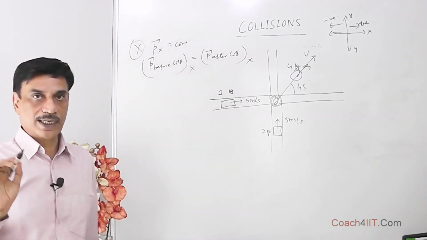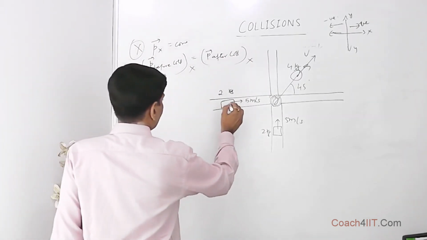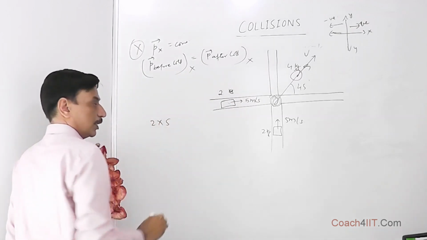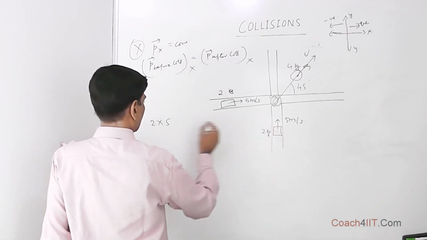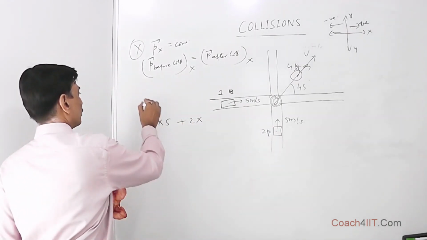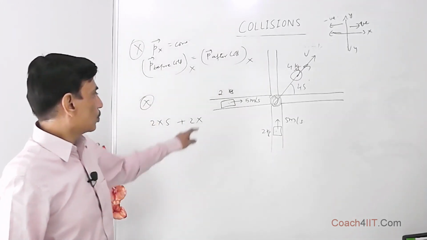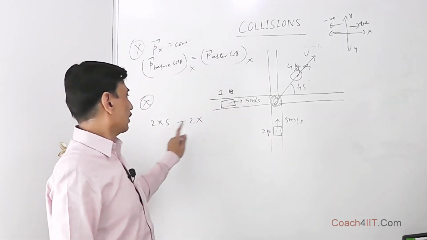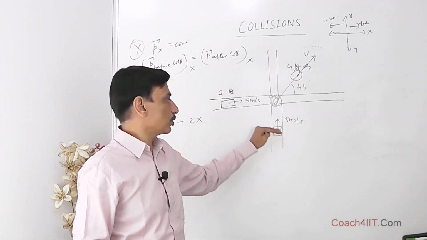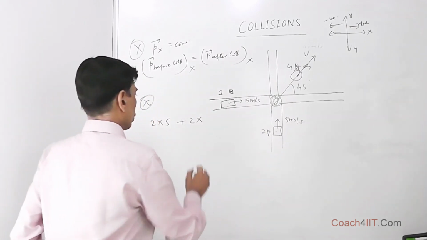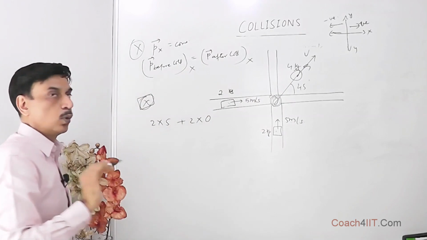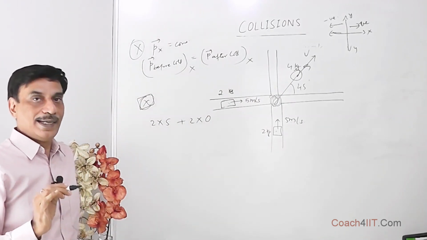That is, momentum of this mass, 2 into velocity along the x-axis, plus 2 into its velocity along the x-axis. It is purely moving along the y-axis, so its velocity along the x-axis is 0. So it is going to be 2 into 0, because we are considering momentum purely along the x-axis.